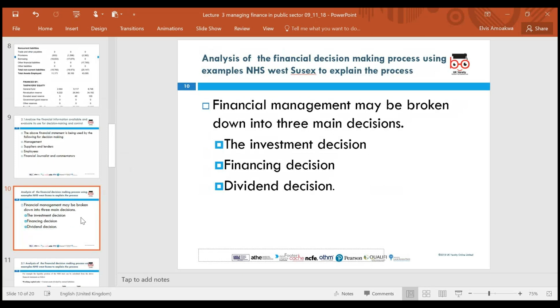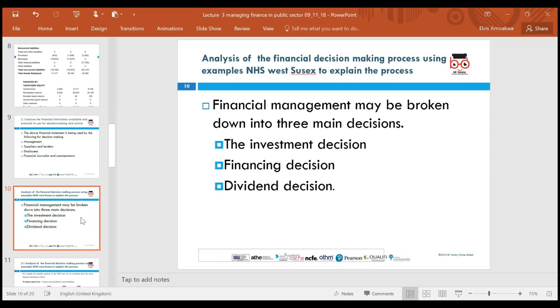Now, financial management is broken down into three main types of decision. We have the investment decision, financing decision, and dividend decision. If you look at the investment decision, if I want to put my money in the trust, I'm going to look at their financial statement, look at the profit they've been making for subsequent years, and then decide, is it worth putting my money in?